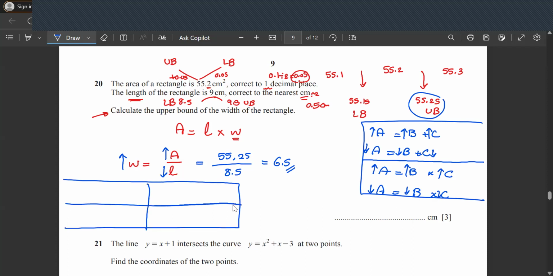But for subtracting, A equal B minus C, okay? If I want the upper bound of A, take the upper bound of the first and the lower bound of C, of the second.